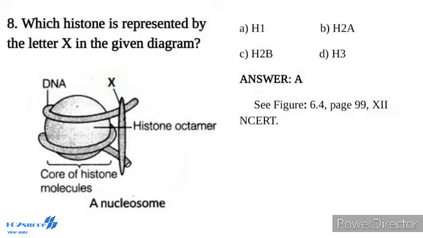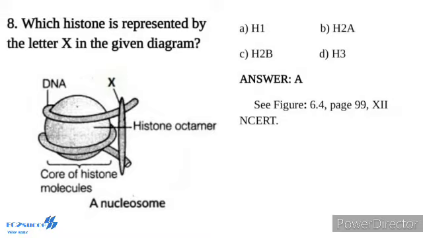A protein acquires charge depending upon the abundance of amino acid residues with charged side chains. Histones are rich in the basic amino acid residues lysine and arginine. Both the amino acid residues carry positive charge in the side chain.